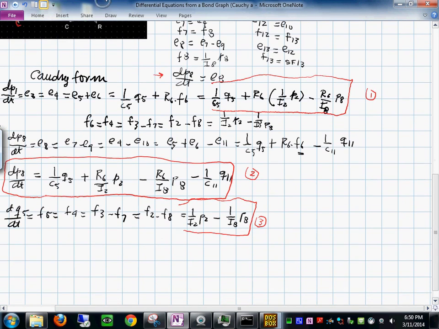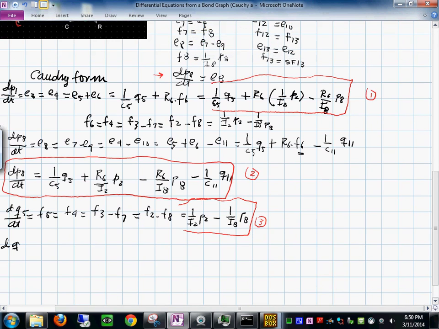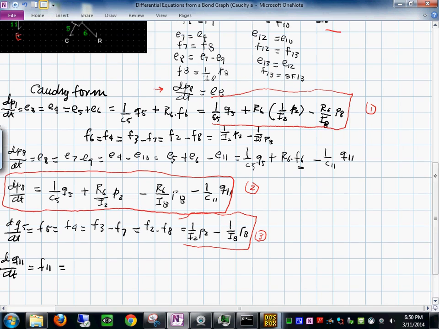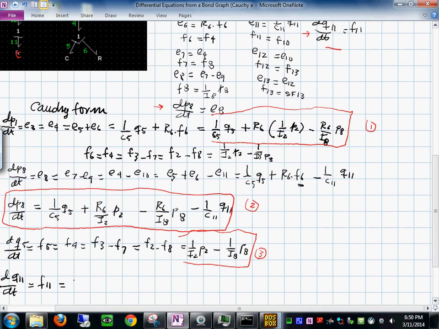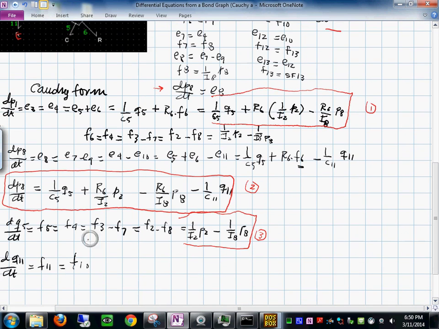dq11 dt equals f11, like that. And f11 is f10, and f10 is f9 minus f12. And what is f9?